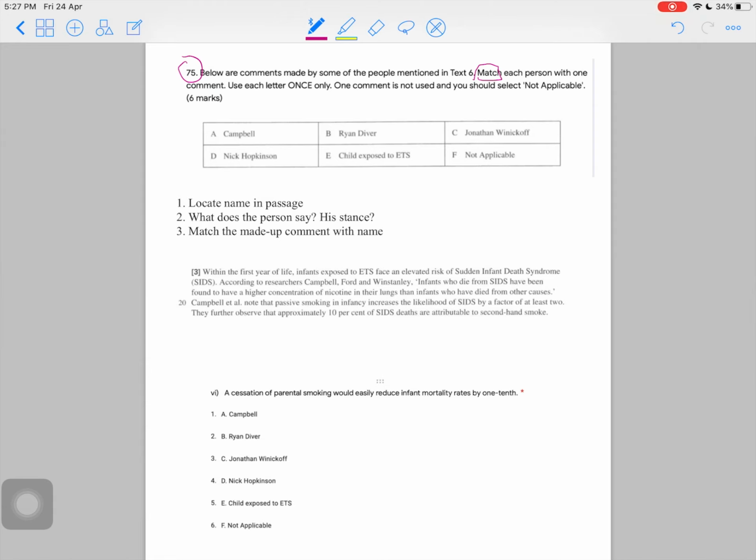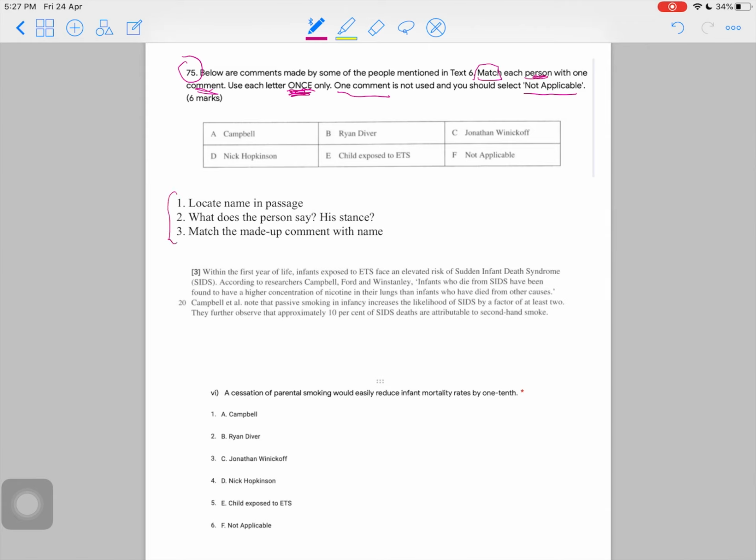Match each person with one comment. Okay, so you're matching people with the comments, okay. So you can use the letter only once. It's very important that you read the instruction, because it's very important that you don't reuse. Also here, one comment is not used, so you can actually select not applicable.